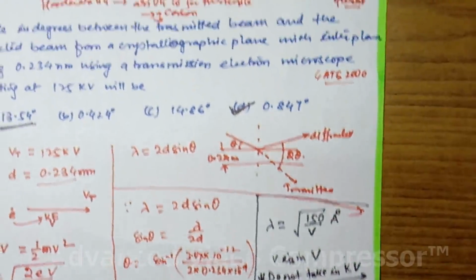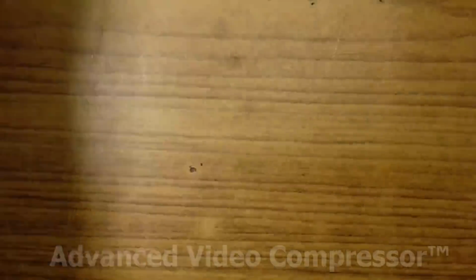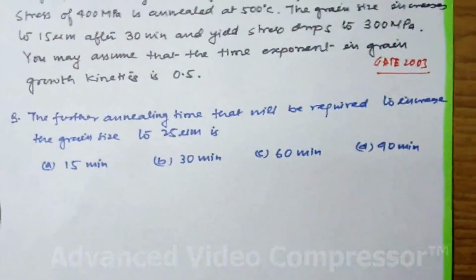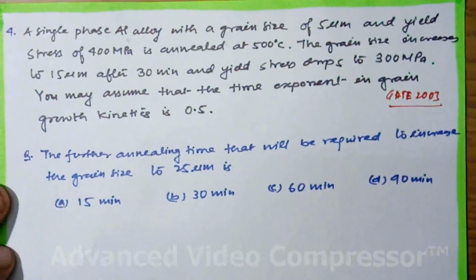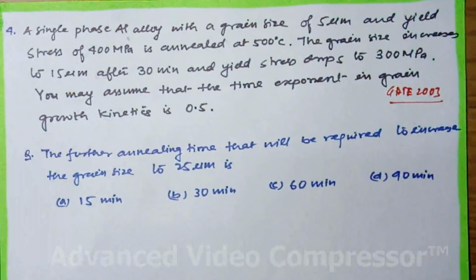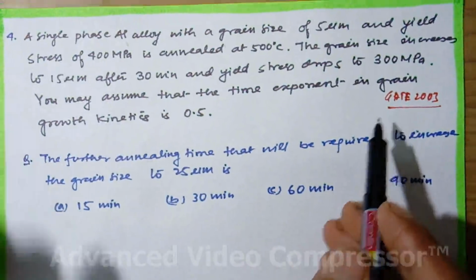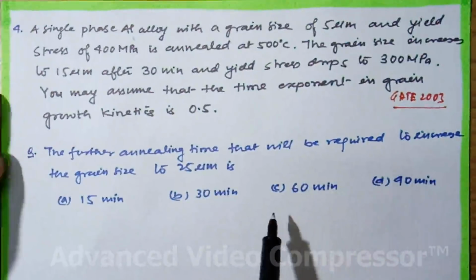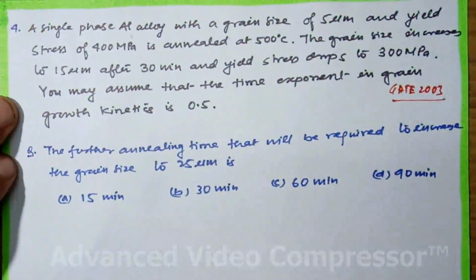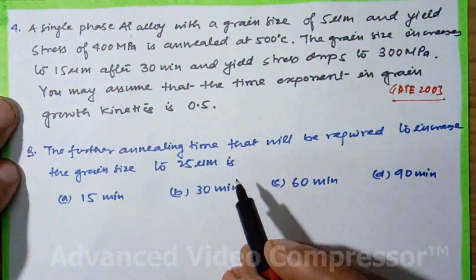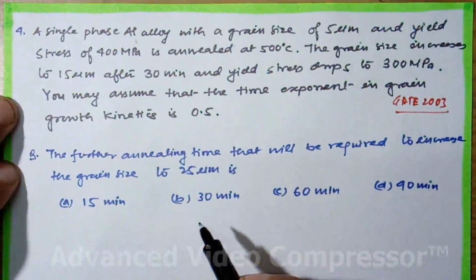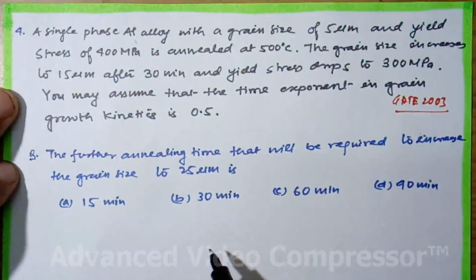Okay, coming to the next question. Yeah guys, the next question is, it was asked in GATE 2003. So this is more a problem of physical metallurgy, but it is given in mechanical metallurgy in the chapter-wise book.